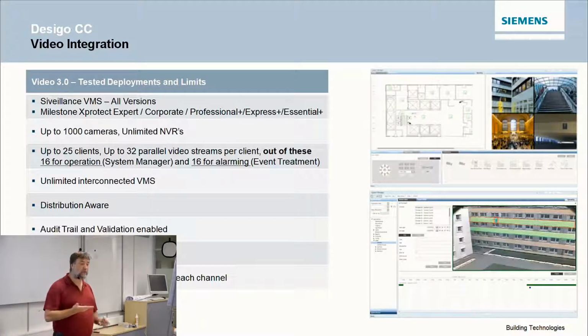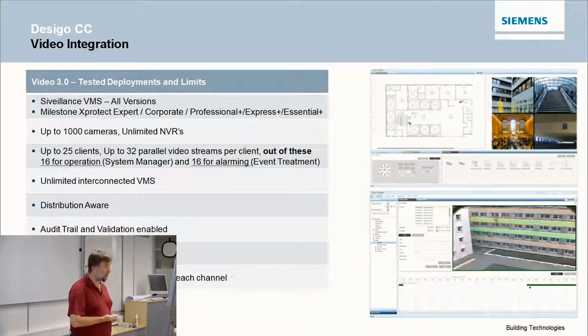At the other side, we did additional things. We have inside 3.0, we have the audit trail. We have the pharma compatibility. We have the distribution. All this stuff. And in the very beginning, we decided that video supports this fully. So you can install video on one machine. You have one VMS system which you can connect to a distributed system.